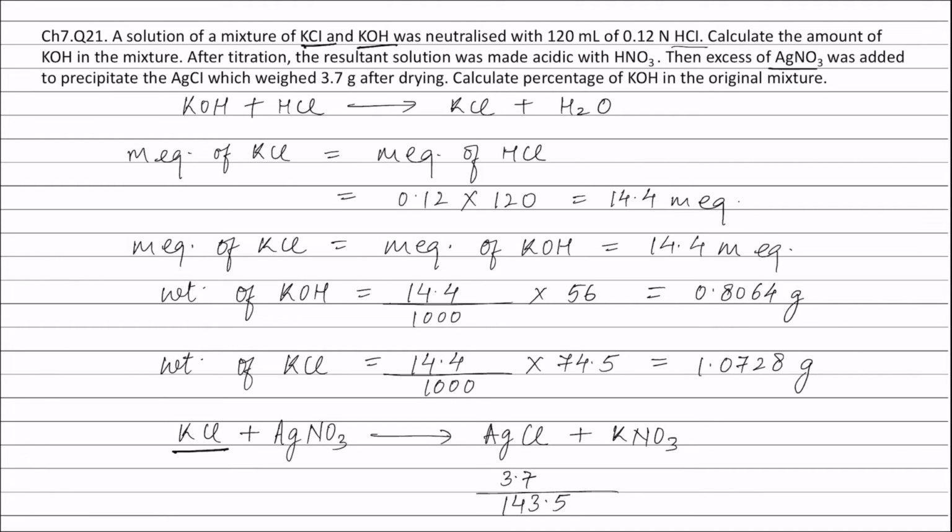Now this KCl includes the KCl which is present originally as well as the KCl which is formed from KOH. Therefore, total weight of KCl will be equal to equivalents of KCl, that is 3.7 divided by 143.5, times equivalent weight of KCl, that is 74.5, and this is equal to 1.921 grams.